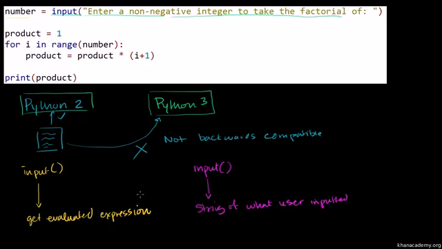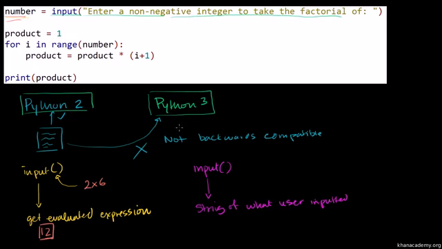So to maybe make the difference, if the user inputs right over here, so this is coming from the user, if the user inputs in the Python 2 version 2 times 6, then what will be stored in the variable number will be the 2 times the 6. So it will be 12. It'll actually be evaluated.